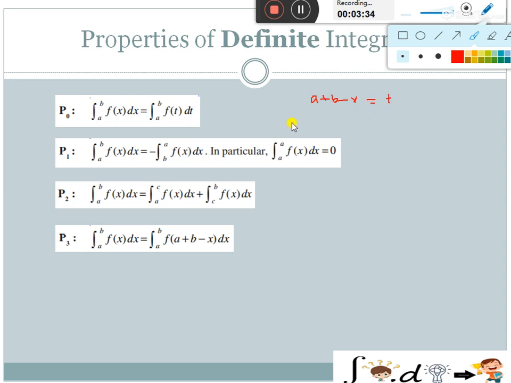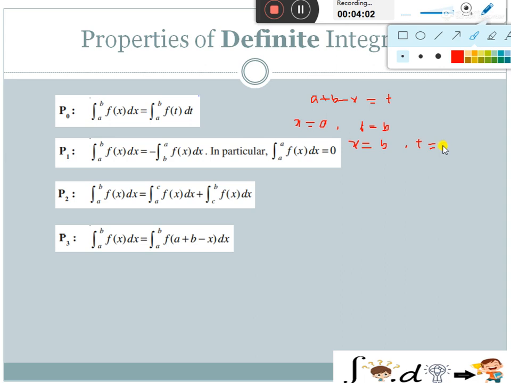When x is equal to a, then t is equal to b. Check it side by side. And when x is equal to b, then t is equal to a. Is it clear?